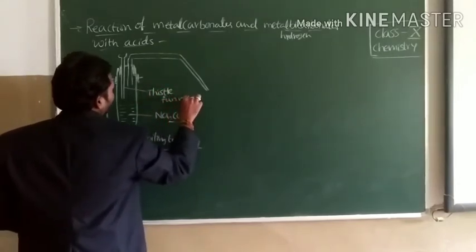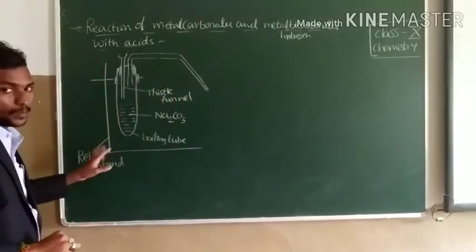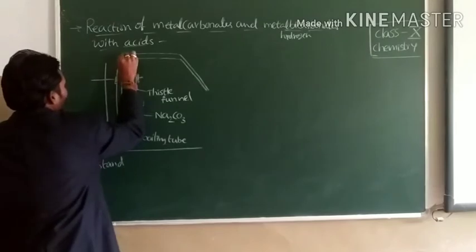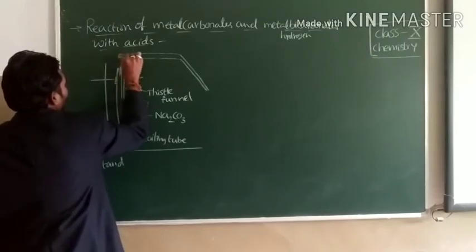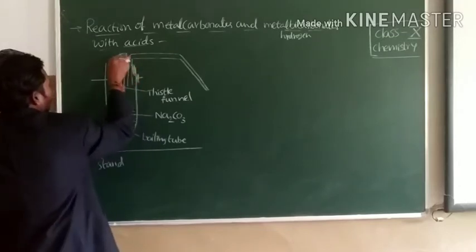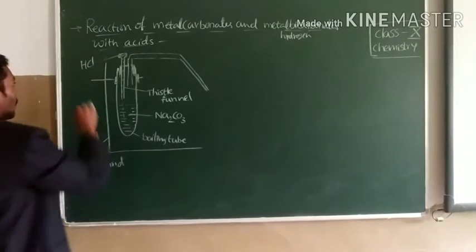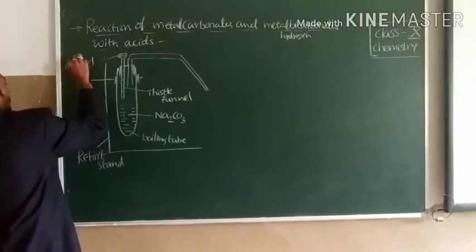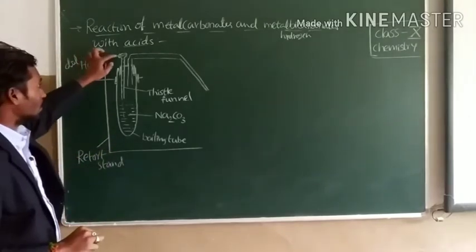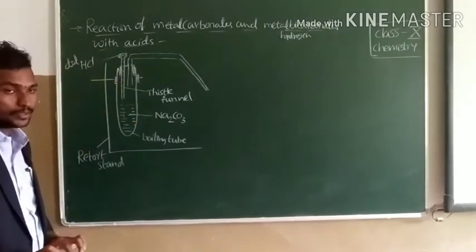What is the use of the thistle funnel here? We can add acid to the sodium carbonate dropwise. So we have to add acid dropwise with the help of the thistle funnel. It has to be filled with acid like dilute hydrochloric acid. Dilute hydrochloric acid is added to the sodium carbonate dropwise.